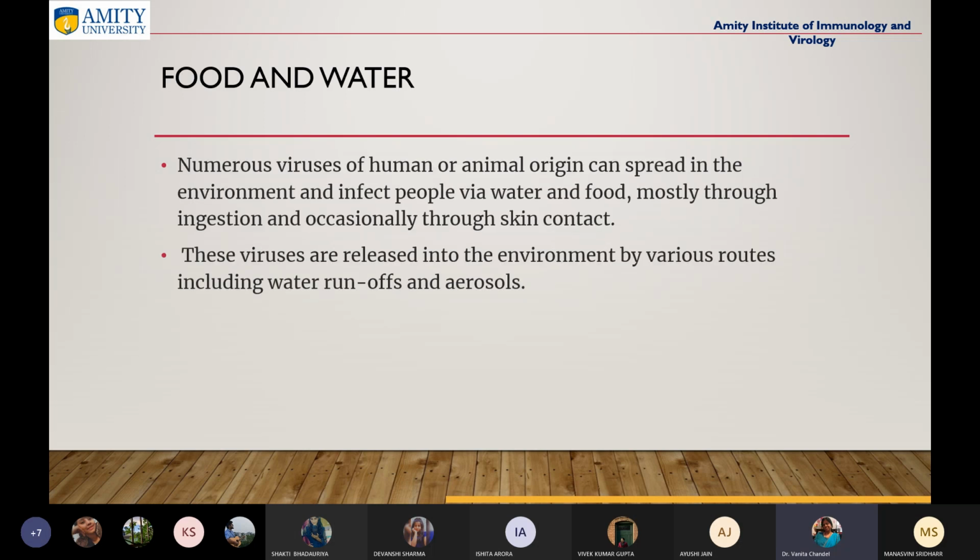Then food and water. Numerous viruses of human and animal origin can spread in the environment and infect people through water or food by ingestion, or very occasionally through skin contact. These viruses are released into the environment by various routes, maybe water runoff, aerosols, or other methods.